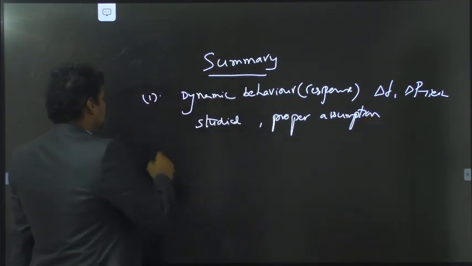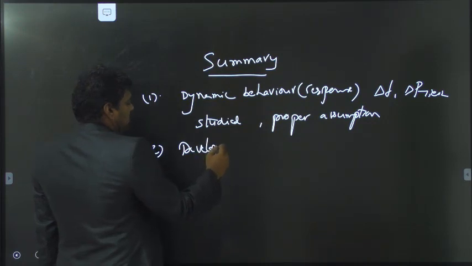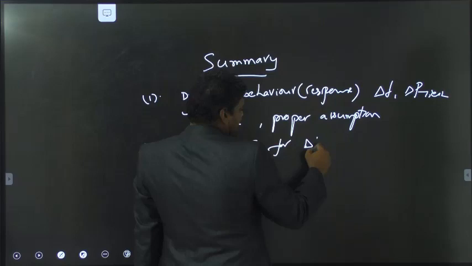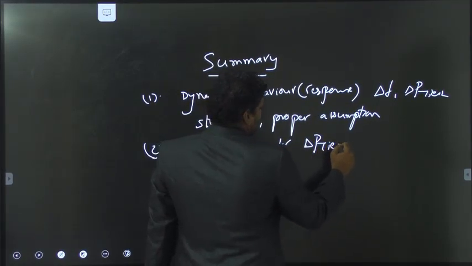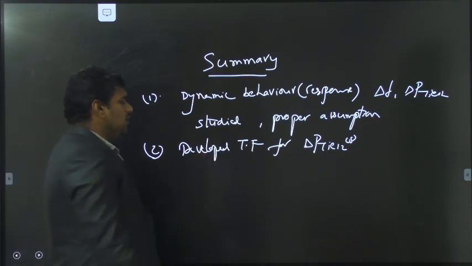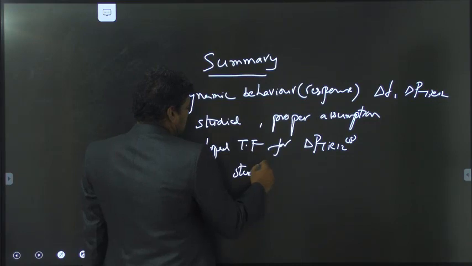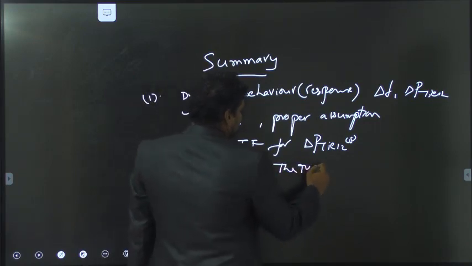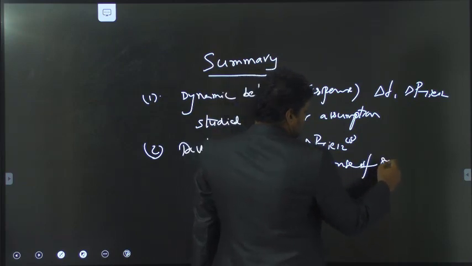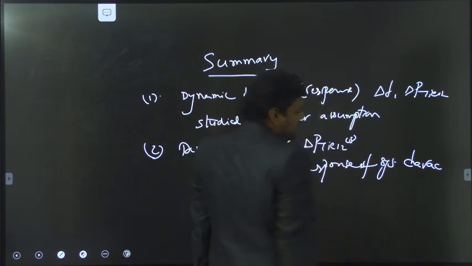So we have developed the transfer function model of tie-line power, and we have studied the response of the system depending on the characteristic equation.